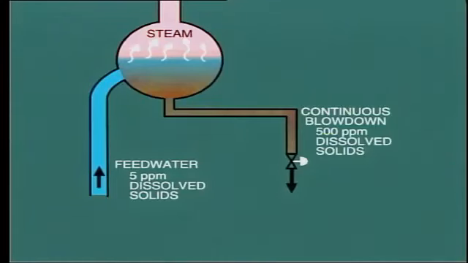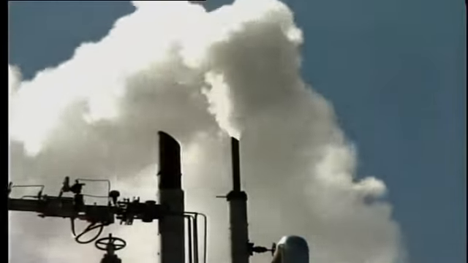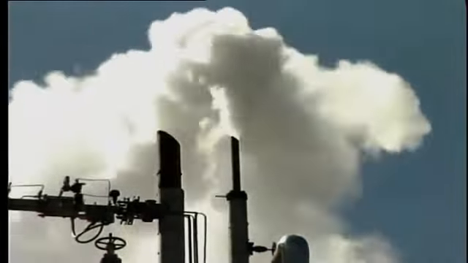As the blowdown water is at relatively high temperature, between 400 and 500 degrees Fahrenheit, it is discharged into a blowdown tank. This permits some of the high temperature water to flash off into steam and to be vented to atmosphere. The remaining water is then discharged to waste.